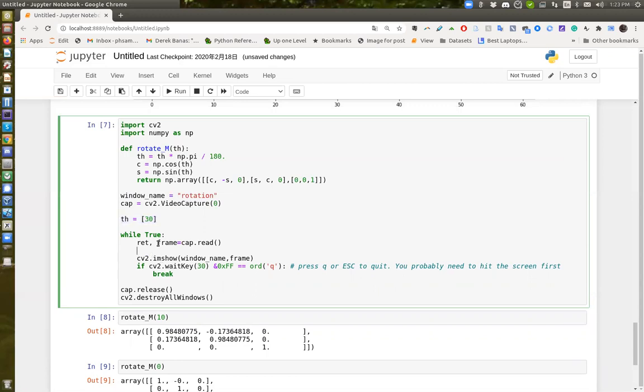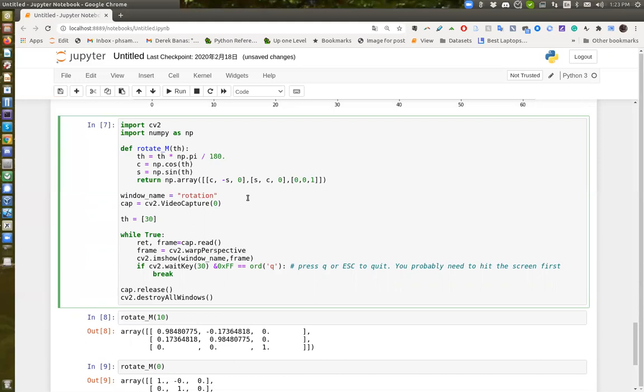So I have this frame here. I just define a variable th, but I didn't use it yet. So now I am going to rotate it with this angle, th. So I have this warp perspective. I think my spelling is wrong.